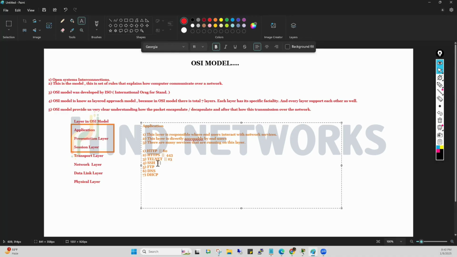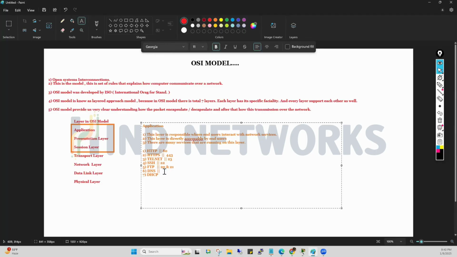If you are using SSH, the port number will be 22. If you are using FTP, file transfer protocol, please remember, FTP will use two port numbers, 20 and 21.